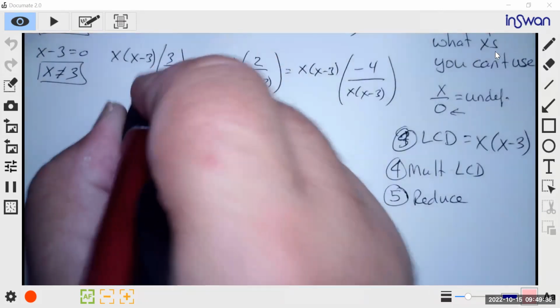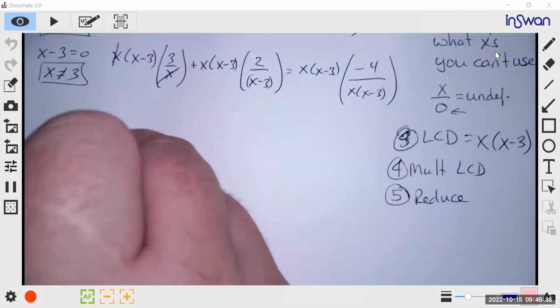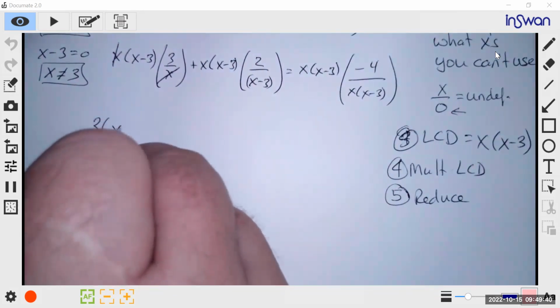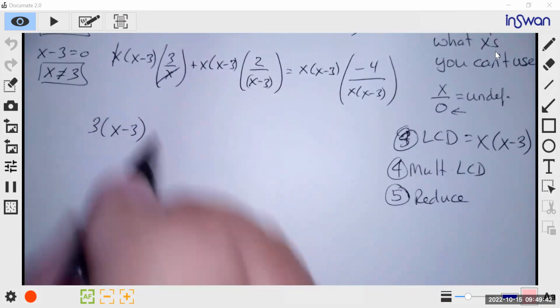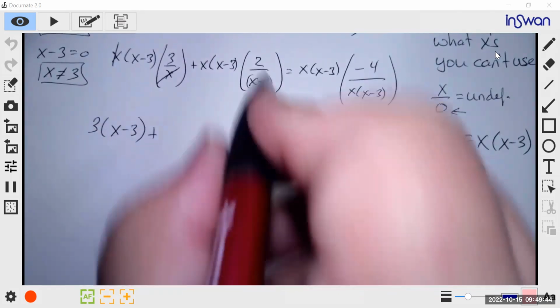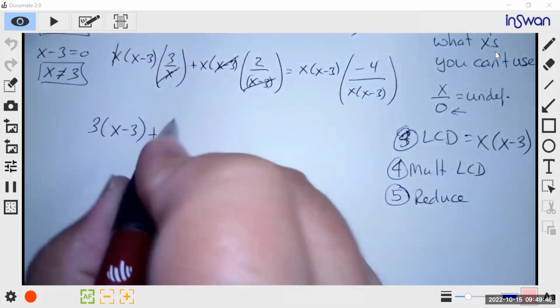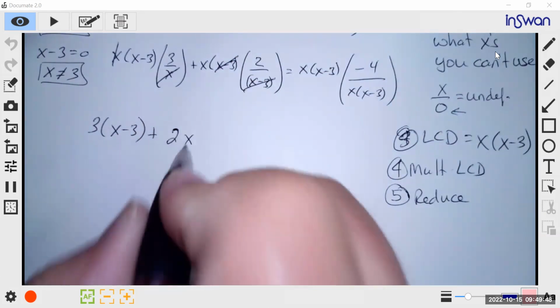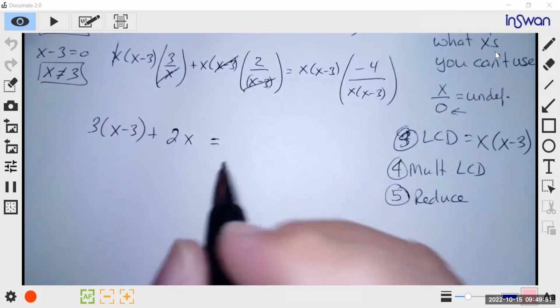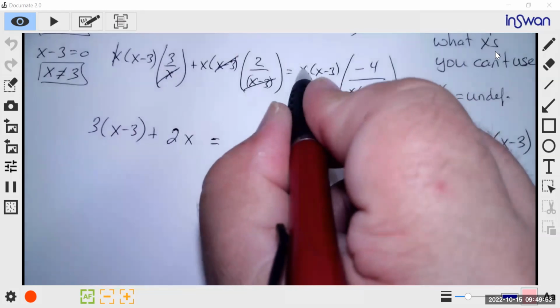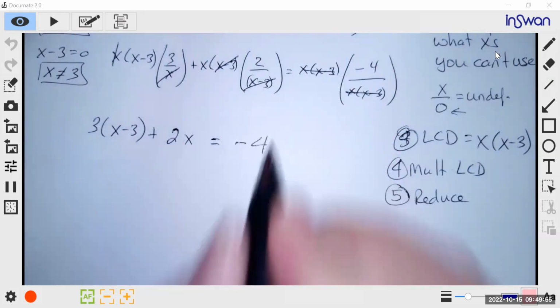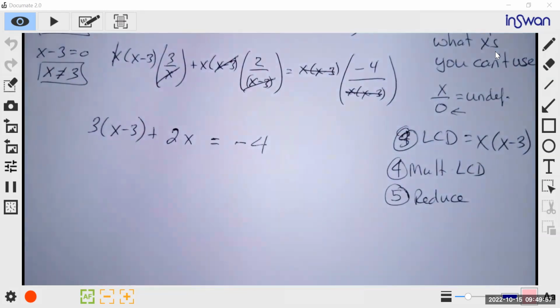So in the first one, the x's cancel. So I'm left with 3 times x minus 3 plus. In the second one, the x minus 3 cancels. 2 times x. And the last one, they both cancel, equals negative 4. So the whole purpose is to get rid of the fractions. So this is a lot easier to work with.